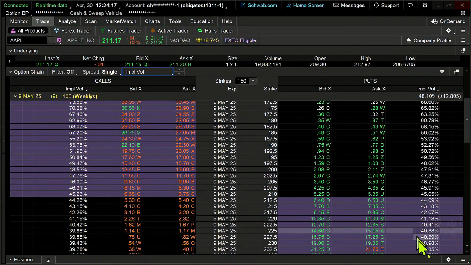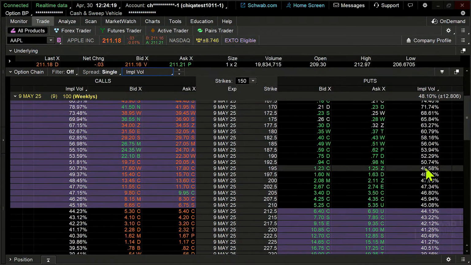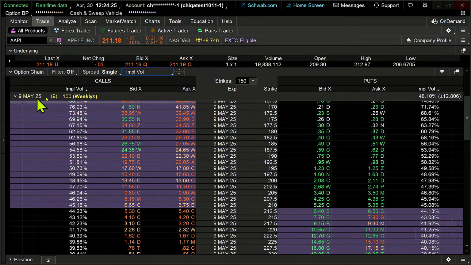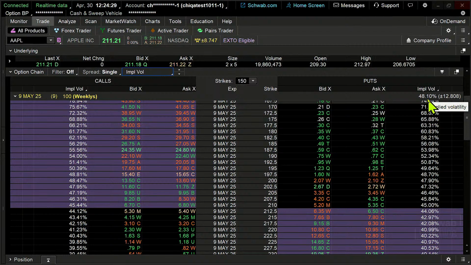That's an implied volatility percentage for each one of those individual strikes. So in aggregate, all of these averaged out for a particular strike, for a particular expiration date, and looking at this time frame, that's going to get me this average right here for that particular expiration.